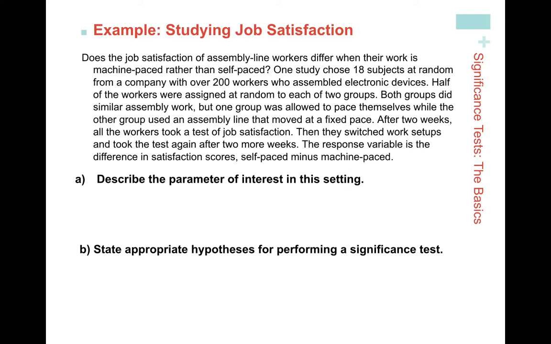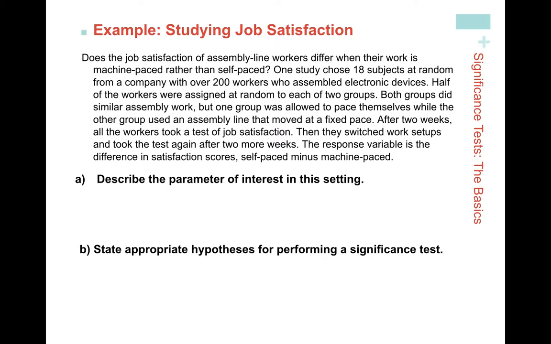So here's an example. Does the job satisfaction of assembly line workers differ when their work is machine-paced rather than self-paced? One study chose n equals 18 subjects at random, so it meets the random condition, from a company with over 200 workers who assembled electronic devices.